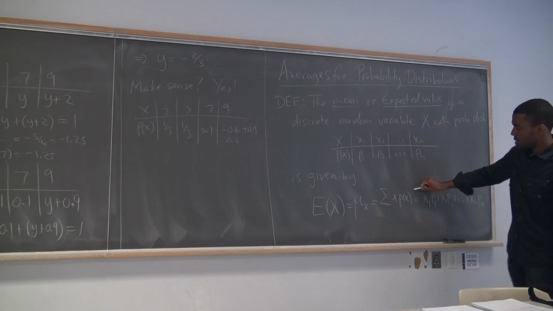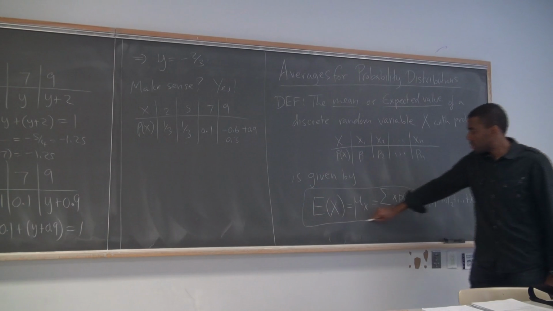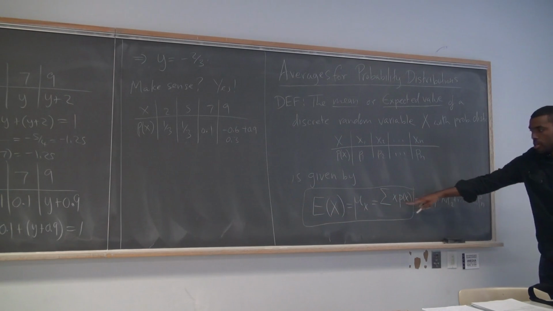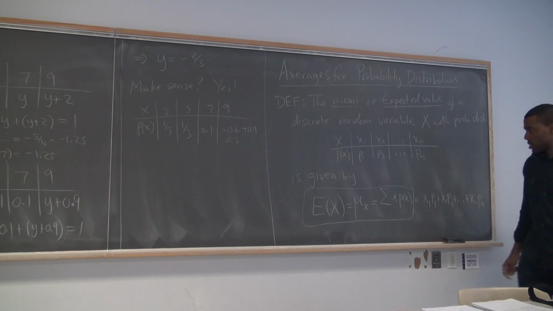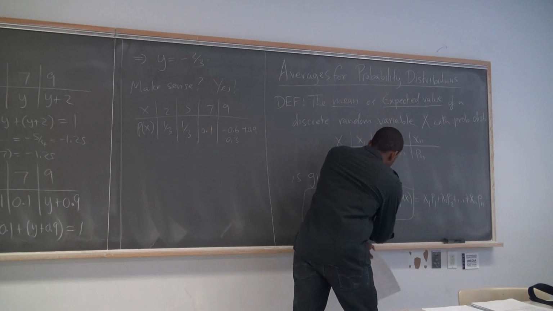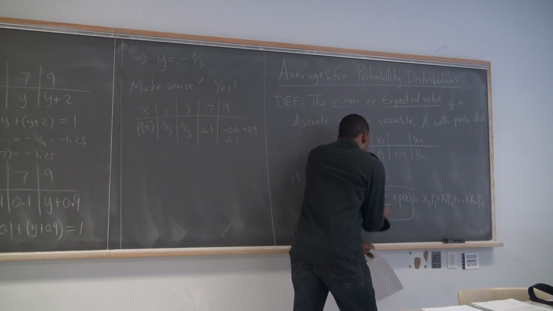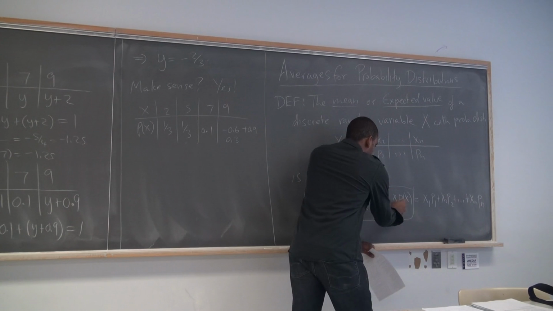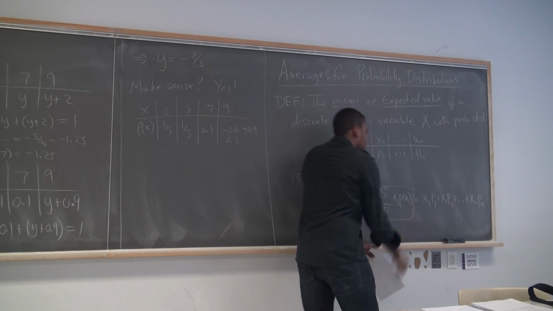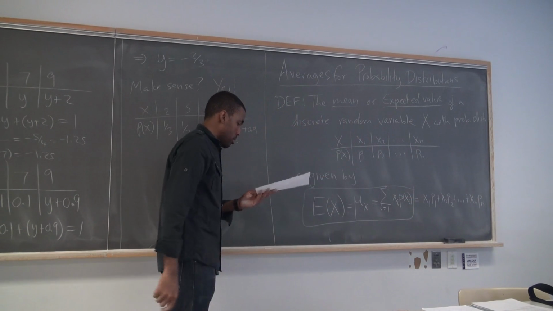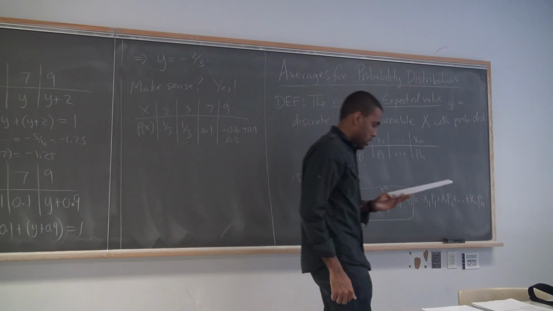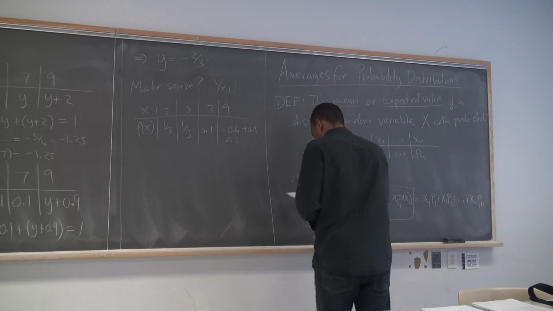So this is the formula. The expected value is the sum of x times the probability of the x value for each x value. If you want to be pedantic, i goes from 1 up to n. This is xi, p of xi. Sum of x times p of x.